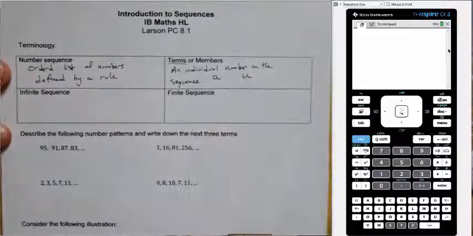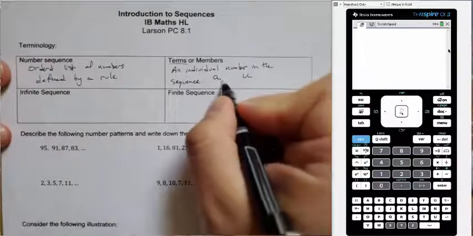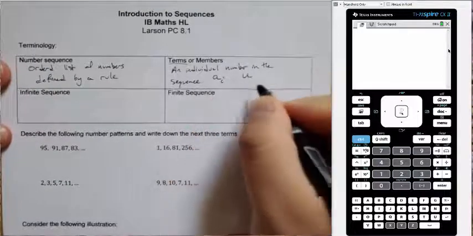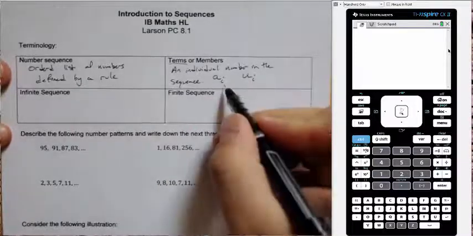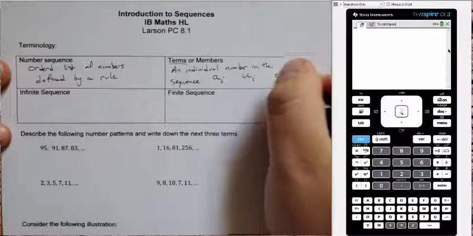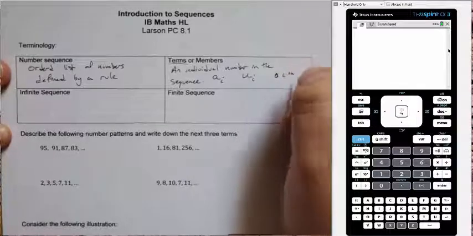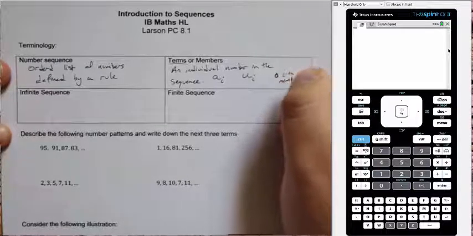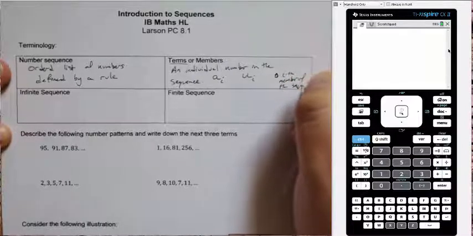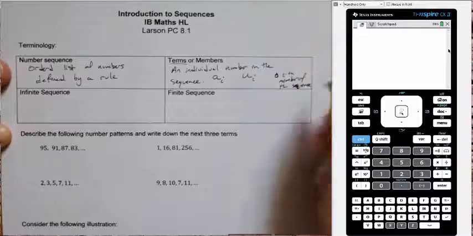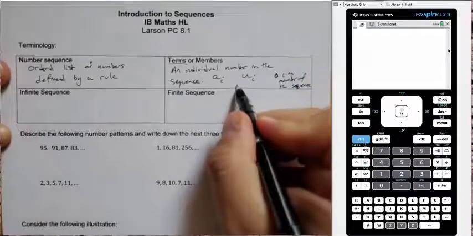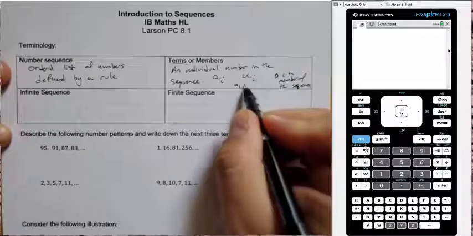And then the subscript, usually with either an I or an N, is called an index. And this index tells you where you're at. This is the ith member of the sequence. So for example, A1 is the first member.